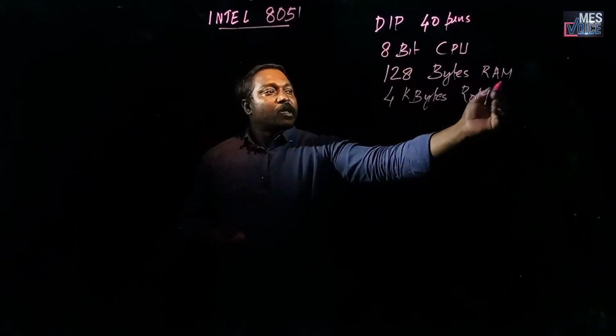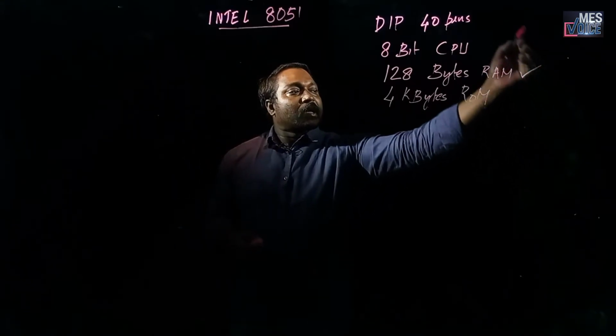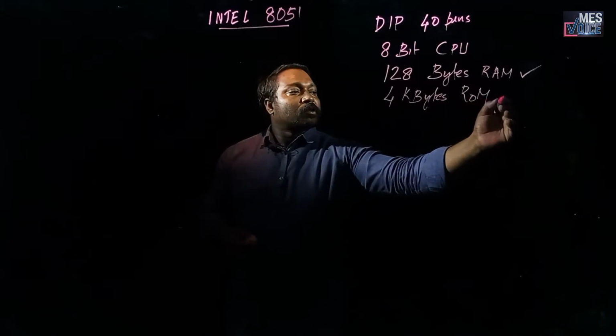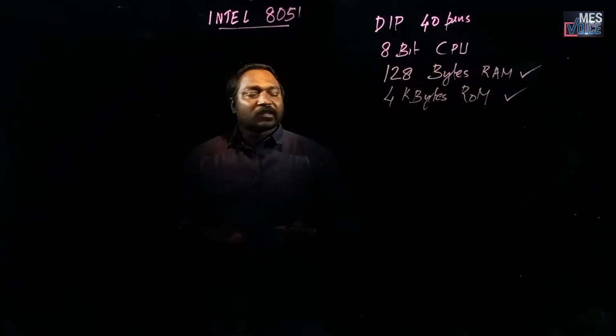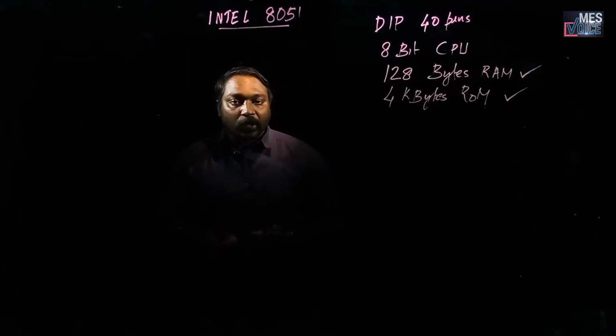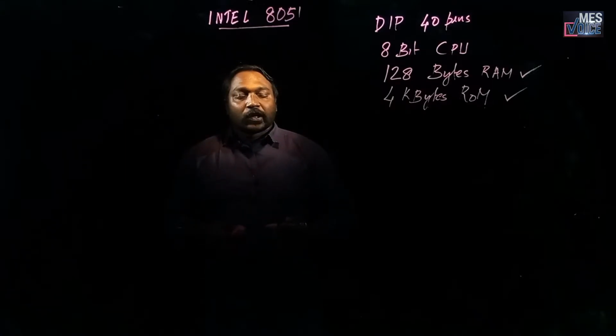The RAM is called data memory and the ROM is called program memory. What is the difference between data memory and program memory? During execution, the temporary data and the data which is going to be processed is stored in RAM, random access memory, and the program, the code, is stored in the 4 kilobytes of ROM.